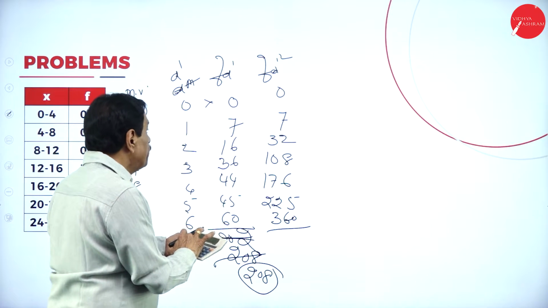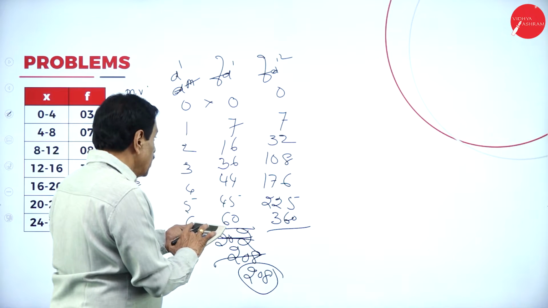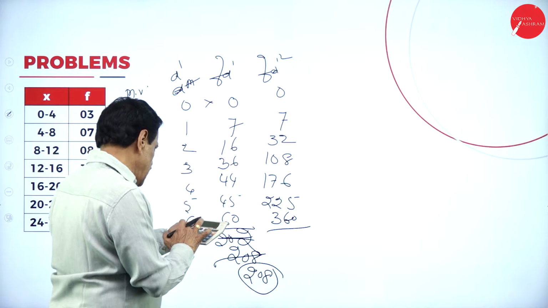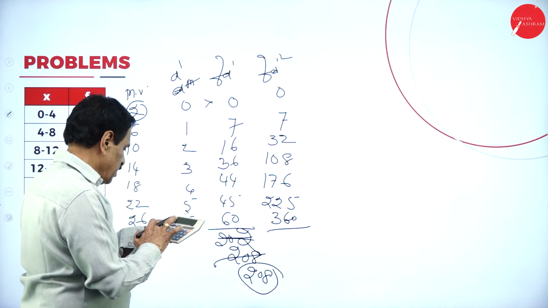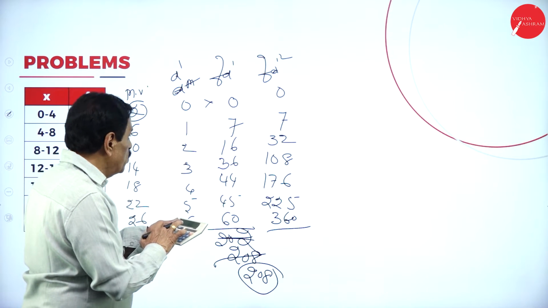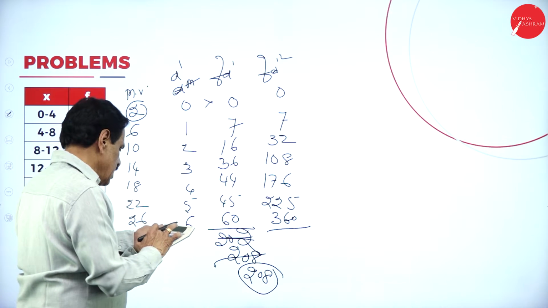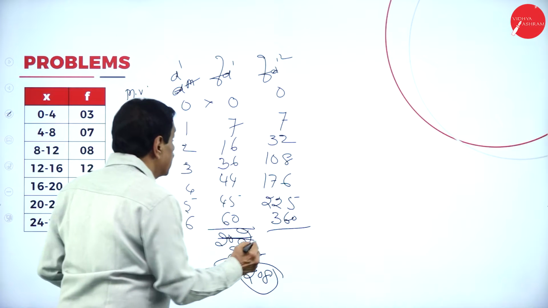First is 7 plus 32 plus 108 plus 176 plus 225 plus 360 is equal to 908.